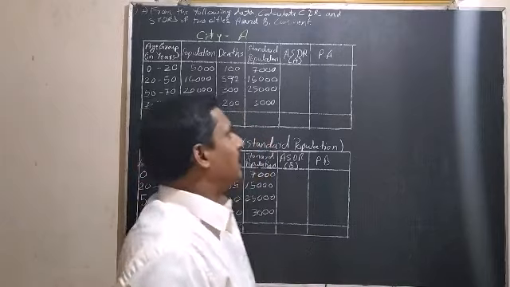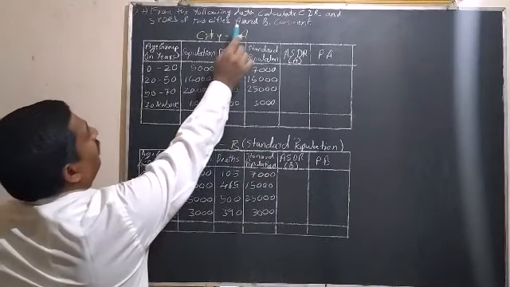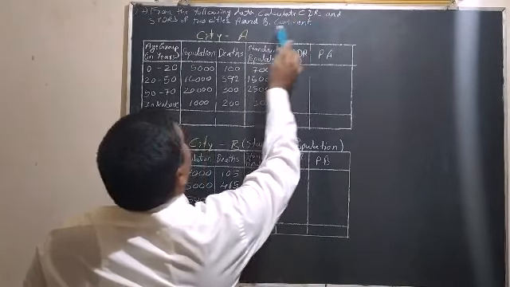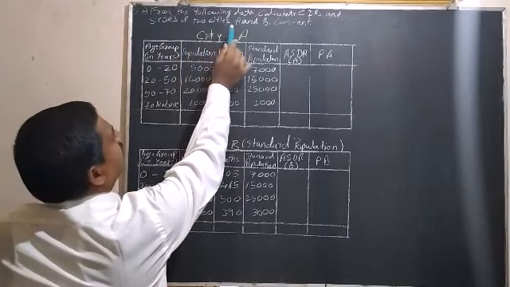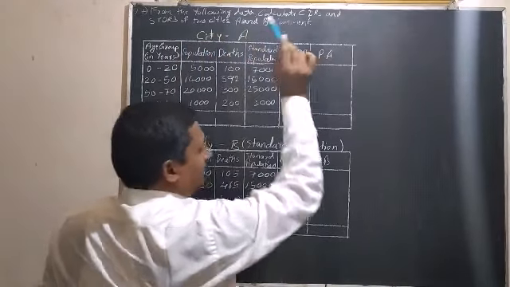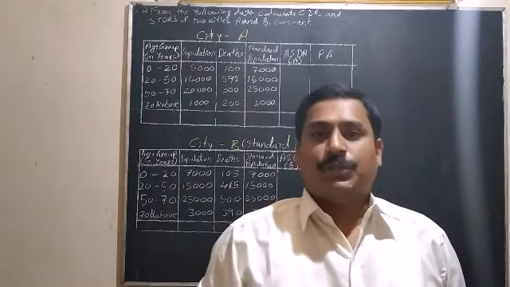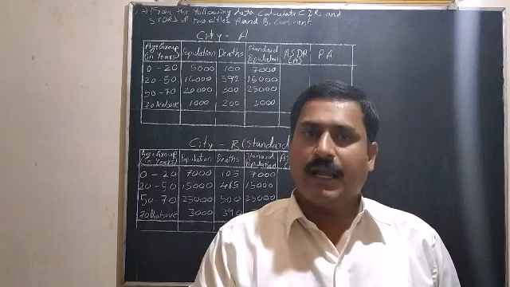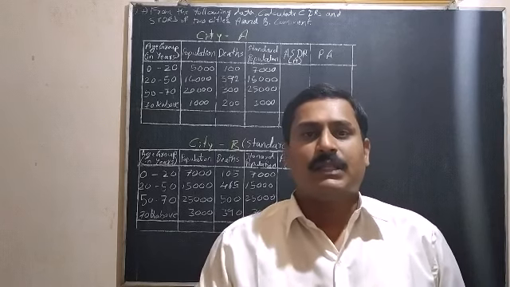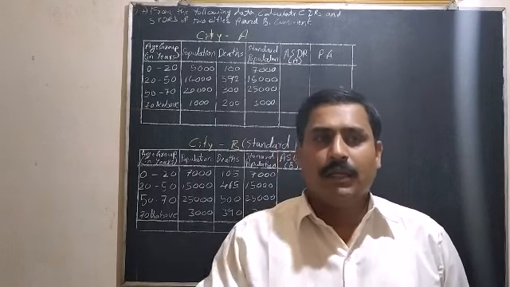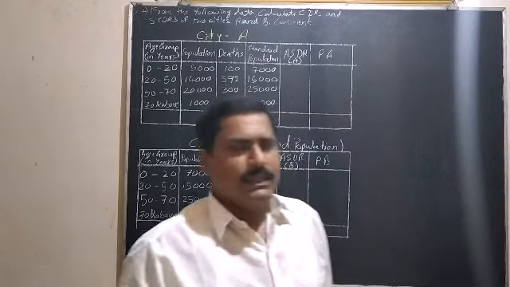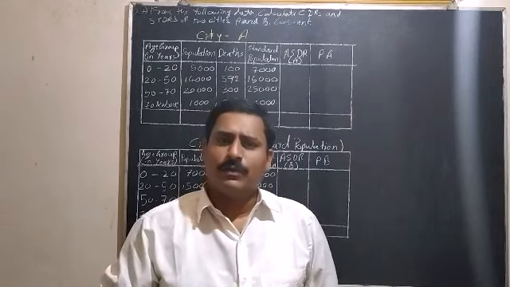So what they asked here, they asked to calculate CDRs and STDRs of the two cities A and B from the following data, and comment. So our task is to find CDR as well as STDR, and how to calculate it. It is the same as the previous problem, how we solved there.